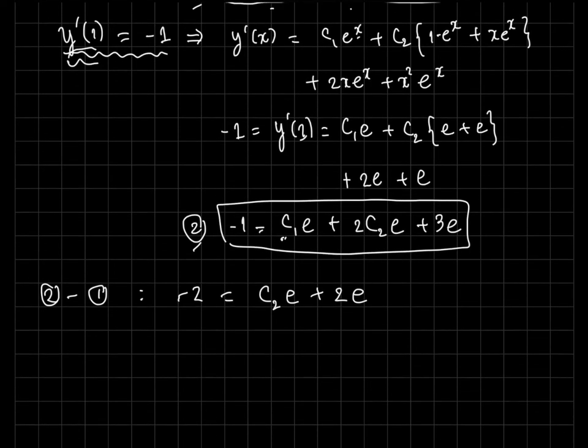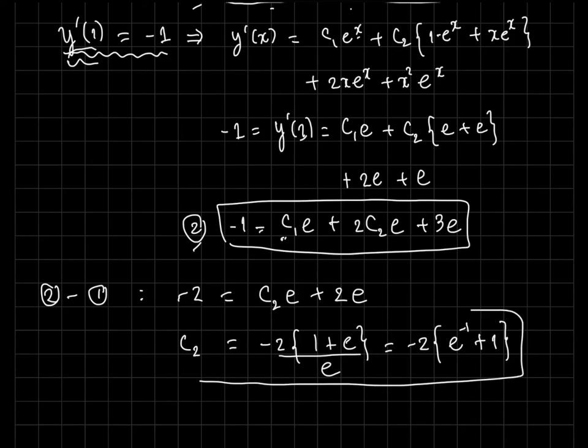And then if I just rearrange that a bit, that will give me c sub 2 equals negative 2 times 1 plus e all over e, or we can have negative 2 e to the negative 1 plus 1.